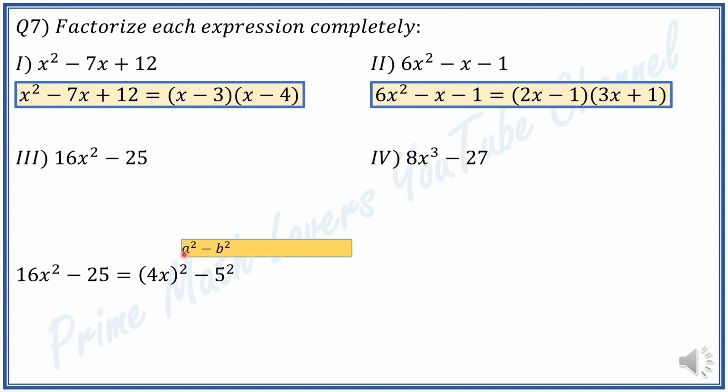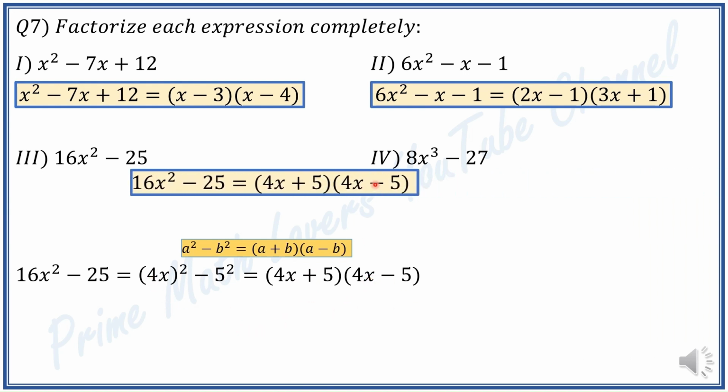From the difference of squares identity, we have a squared minus b squared is equal to a plus b times a minus b. So 4x squared minus 5 squared is equal to 4x plus 5 times 4x minus 5.